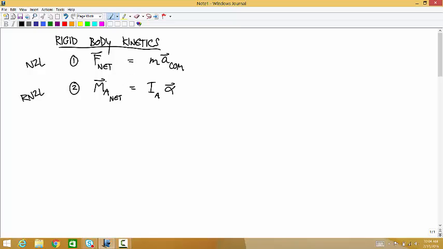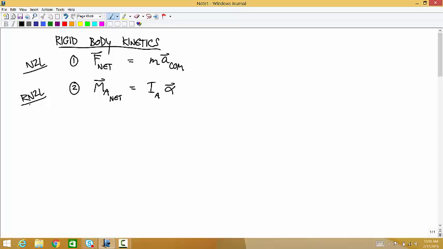You can see that every one of these terms is analogous. Moment is like the rotational version of force. Mass moment of inertia about a point is the rotational analog of mass, and then angular acceleration is analogous to translational acceleration.